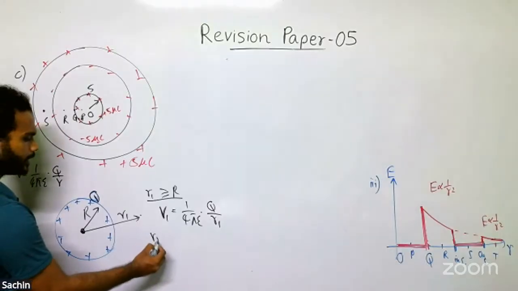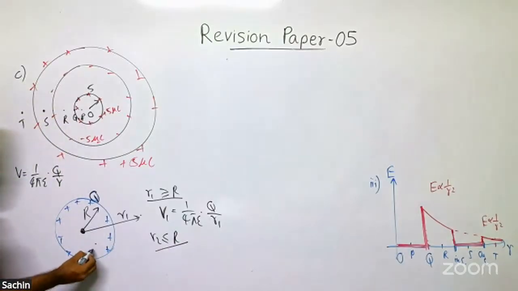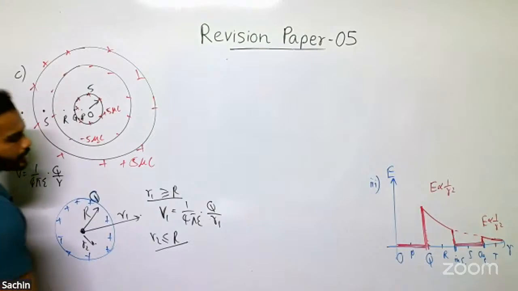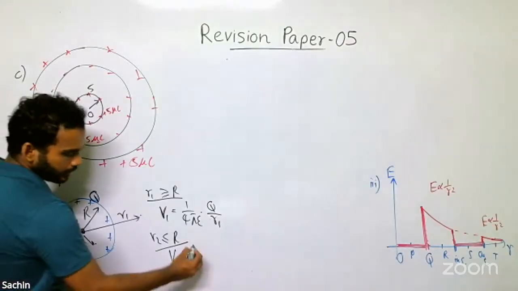Then if the point is lying inside this sphere, take a point like this. Remember the potential is equal to the potential at the surface.